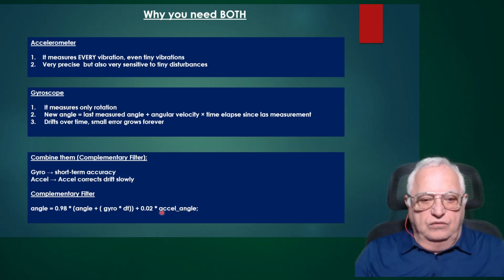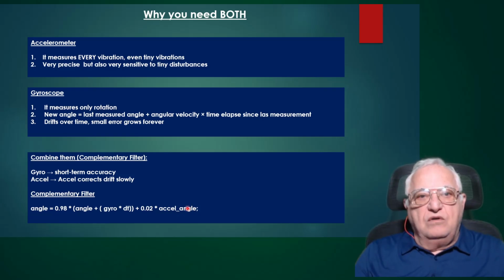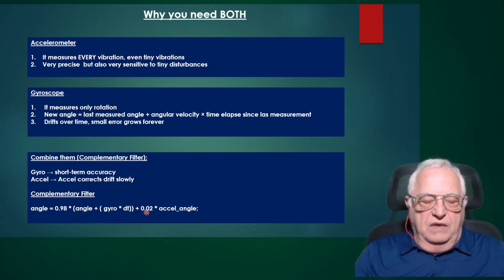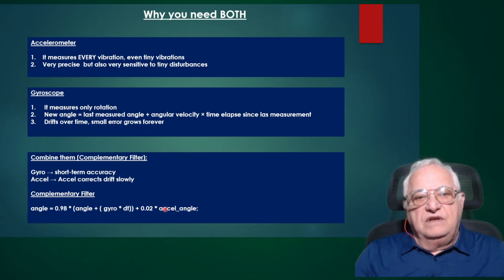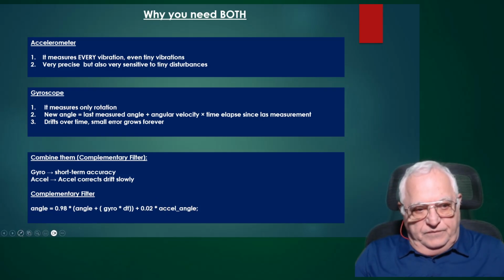And then we're going to calculate the same angle using the accelerometer, and we're going to multiply it by 2%. So we're going to add a lot of the gyro and a little bit of the acceleration. And what we hope is that we're going to get something that is accurate and is not drifting anymore because it's being corrected by the accelerometer.